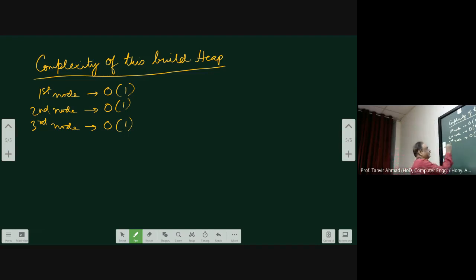Even for the nth node, how much time is it going to take? Any question? Okay, will you agree with me? It will take order of 1 only.